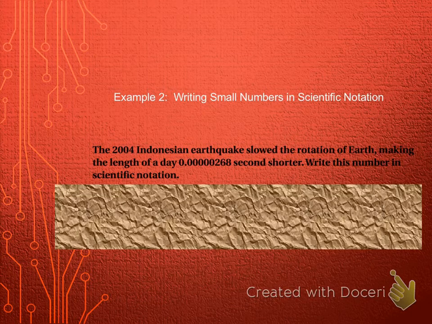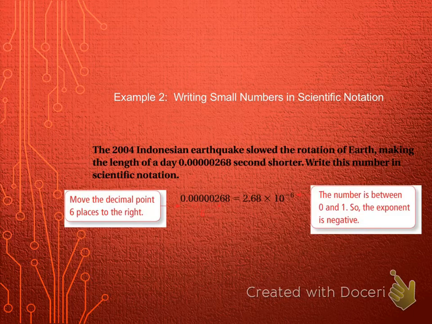So let's look at example 2, writing small numbers in scientific notation. In 2004, an Indonesian earthquake slowed the rotation of Earth, making the length of day 0.0000268 seconds shorter. Write this number in scientific notation.